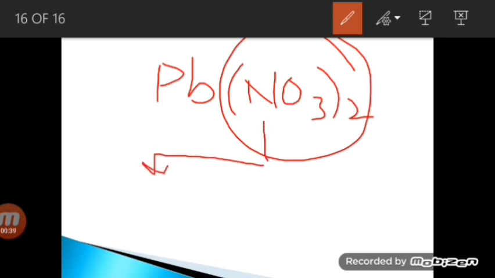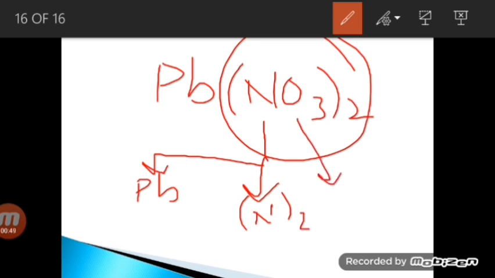Here we have lead. Here we have nitrogen, 1 atom of nitrogen, and here we have oxygen, 3 oxygens, and this subscript 2 will be multiplied with both of them.